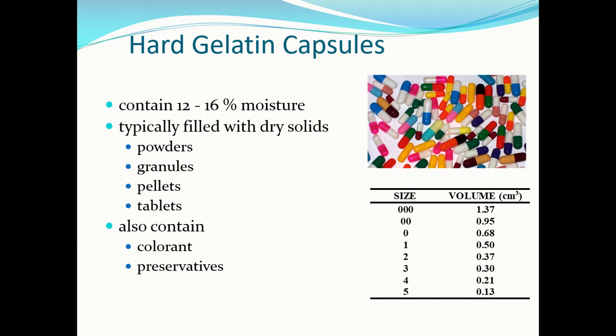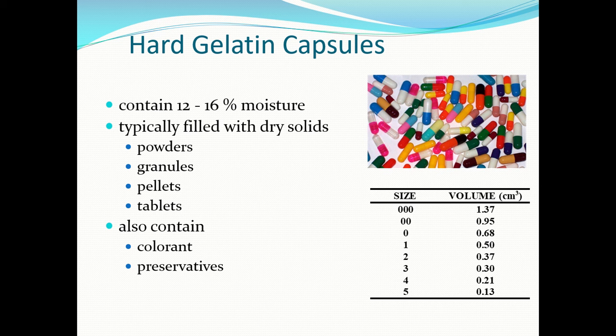Size 5 is the minimum at 0.13 cm cubed, whereas 000 is the maximum at 1.37. The rest: 00 is 0.95, 0 is 0.68, 1 is 0.50, 2 is 0.37, 3 is 0.30, and 4 is 0.21.